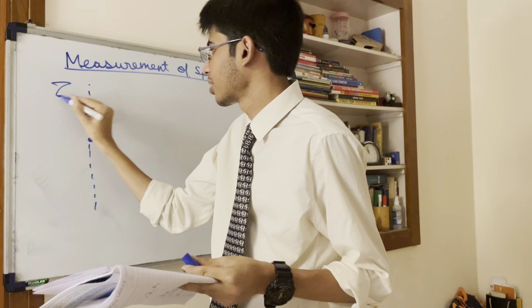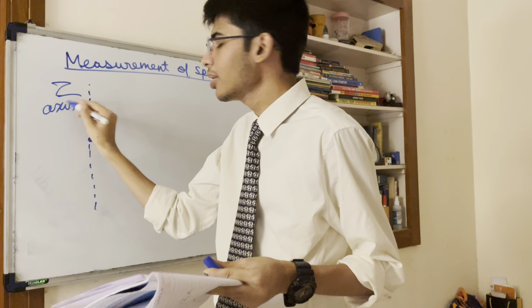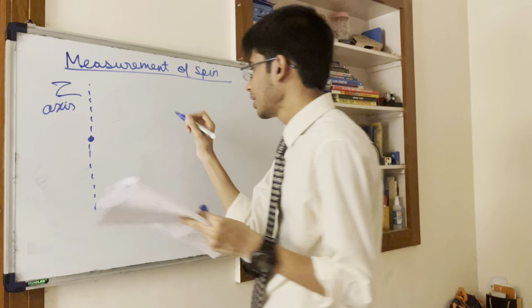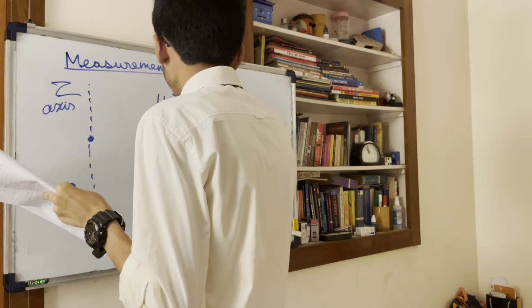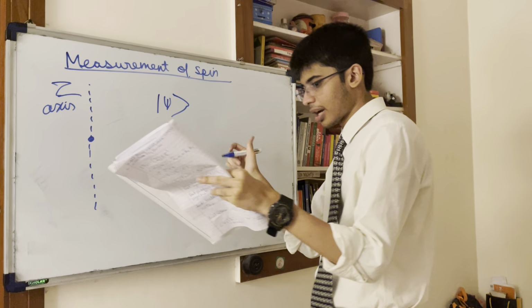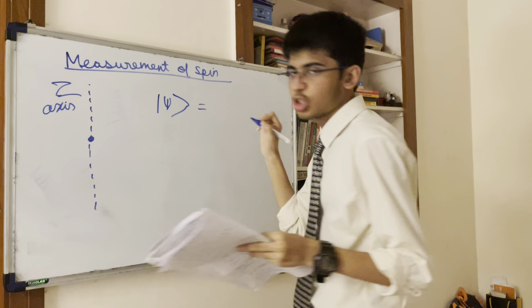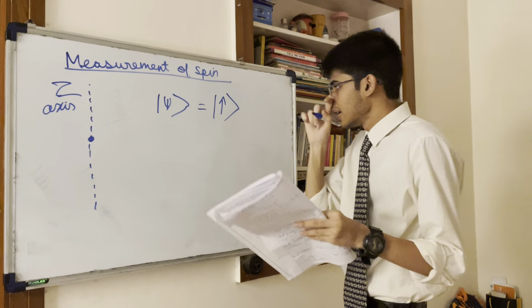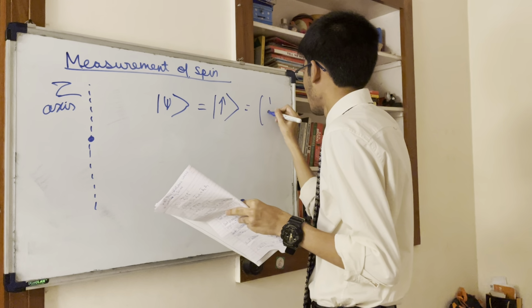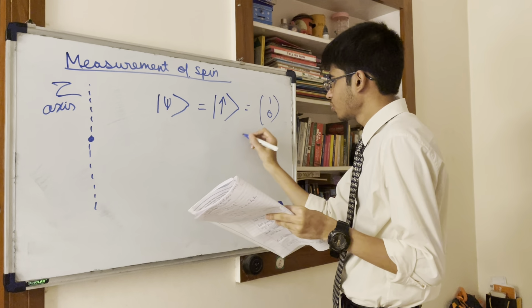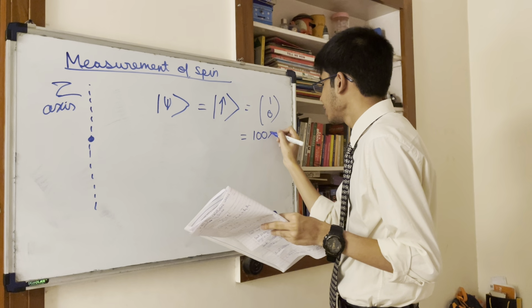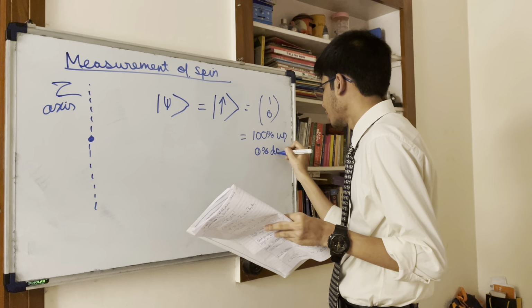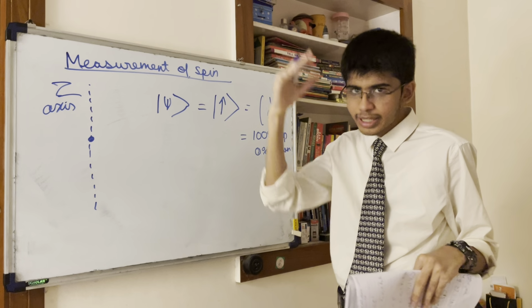Now if I write it as psi, and if it is spin up, this will mean 1 0. This means it is 100% up, 0% down. As we said, it is only up or only down.